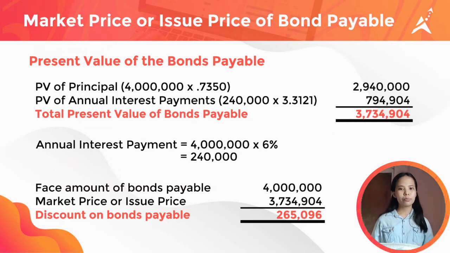To solve for the present value of principal, just apply the formulas that I mentioned a while ago. So multiply the face amount 4 million and the present value of 1 at 8% for 4 periods, which is 0.7350. The present value of principal would be 2,940,000.